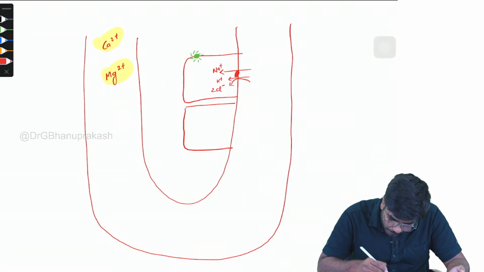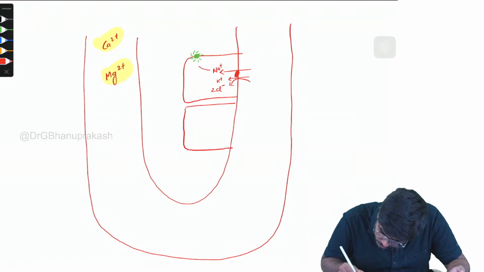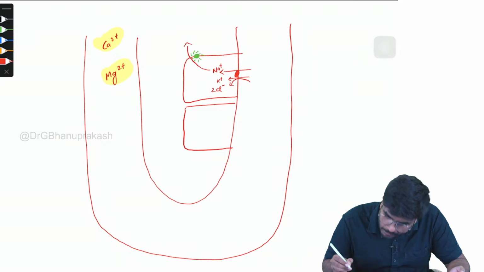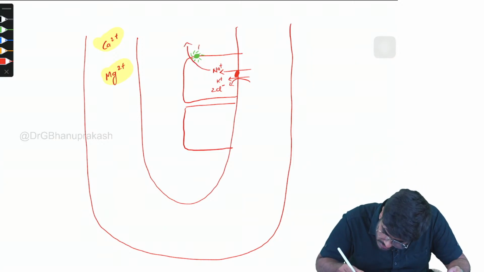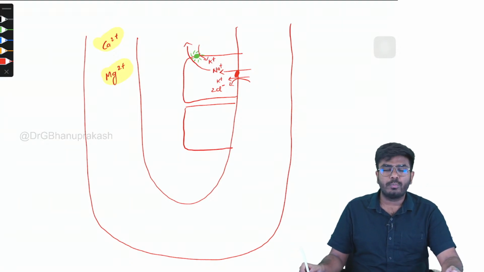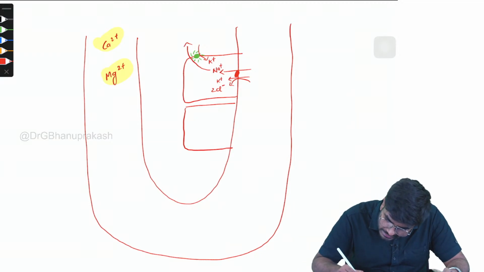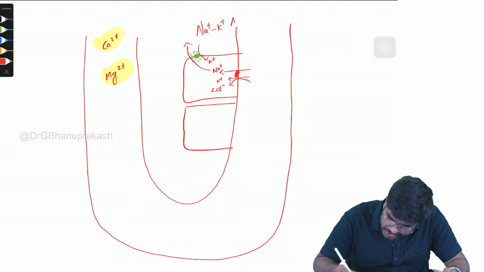This green color pump takes the sodium and throws the sodium out. And from outside, it will try to bring the potassium into the cell. So what is the name of this green color channel? It is called sodium, potassium, ATPase.